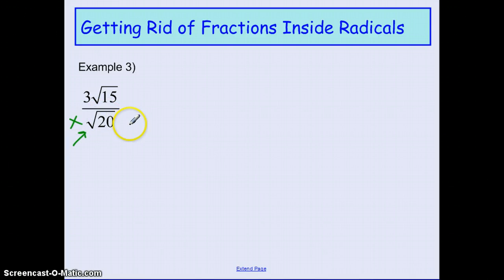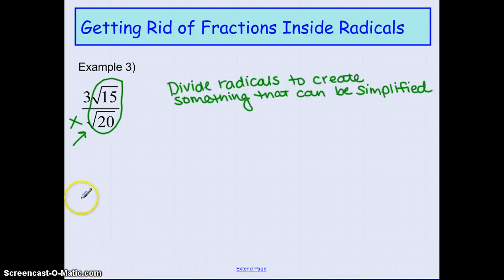So, a way to get rid of this problem would be to combine these two radicals into a fraction underneath a radical. So here we're basically doing what we did in the last example, but with division instead of multiplication. So I'm going to take this 15 and this 20 and divide the radicals, making a fraction underneath.